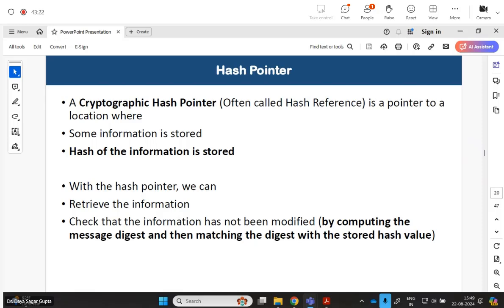If something is changed here, how can I verify it? I can verify it very easily, because if I compute HM here, it will match this value, obviously. And if I change this message from M to M dash, this will be HM dash, and then this will not be equal to each other. In this manner, we can go with the message digest.